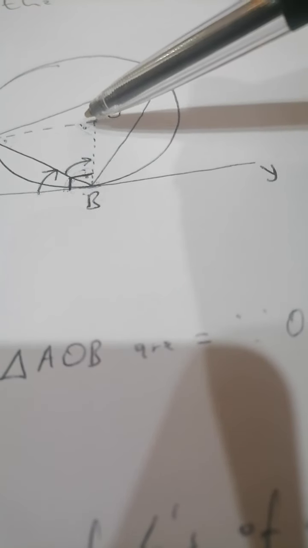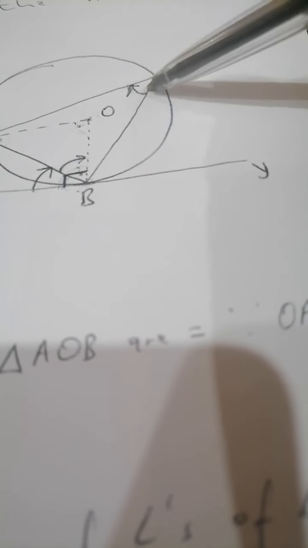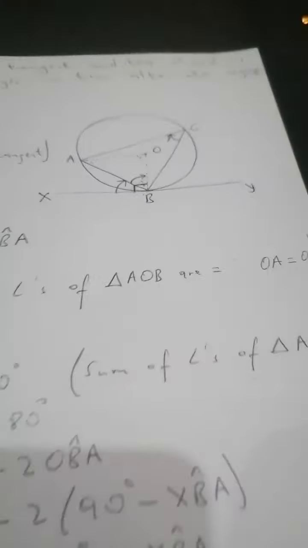Remember that we already have angle AOB in terms of the angle XBA that we want, and now we're relating it with angle C. So we say angle AOB is equal to 2 times angle C. Our reason is angle at center is equal to 2 times angle at circle.